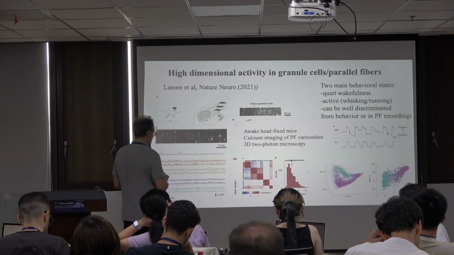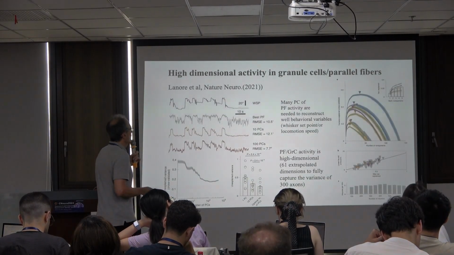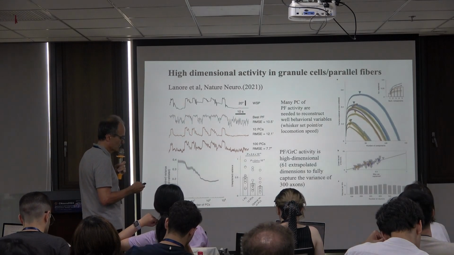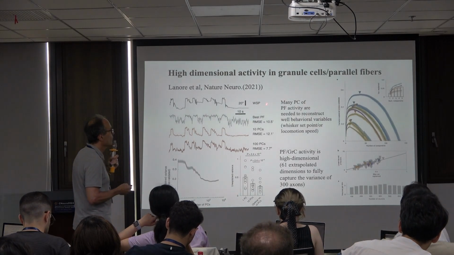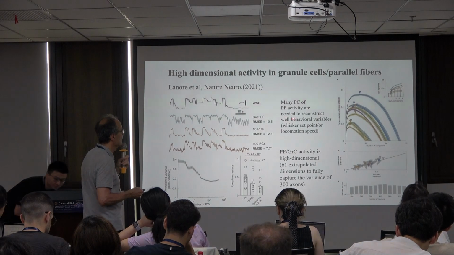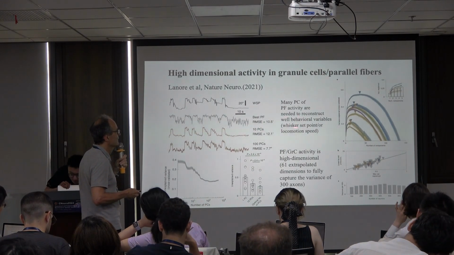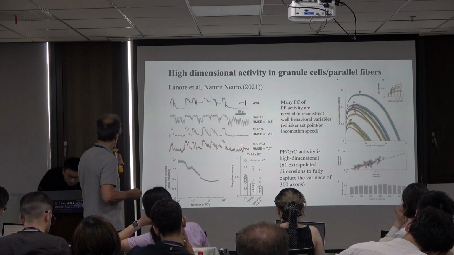But now you can go a bit further. First of all, you can ask how many Purkinje cells are needed to reconstruct a behavioral variable accurately.